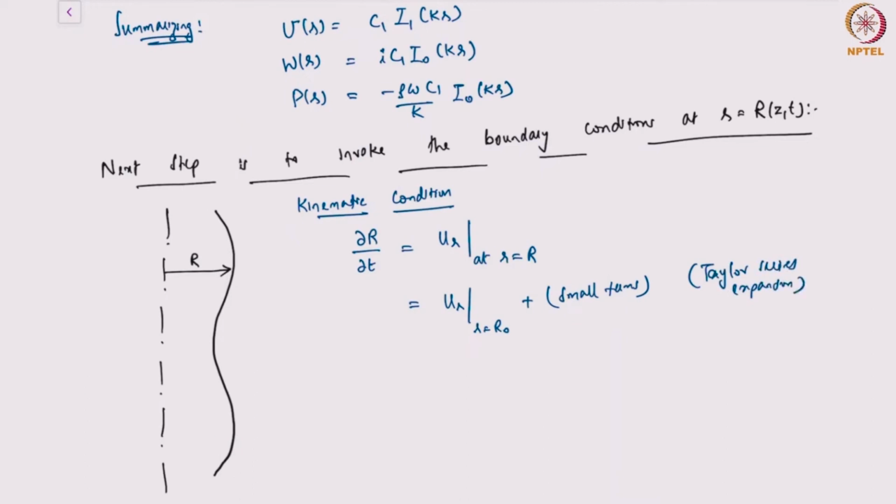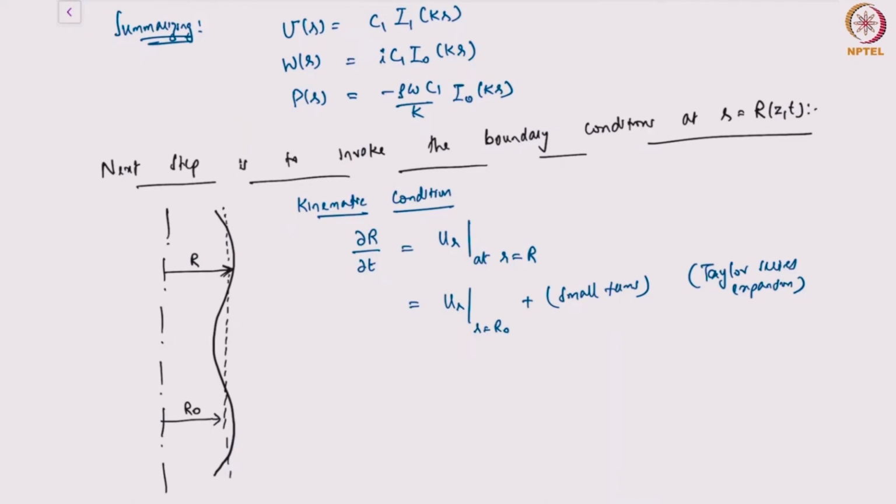In other words, what I'm trying to arrive at is that you originally have an unperturbed interface at a distance of R0. If the perturbation amplitude, epsilon, is very small, then the boundary condition should ideally be on the interface.